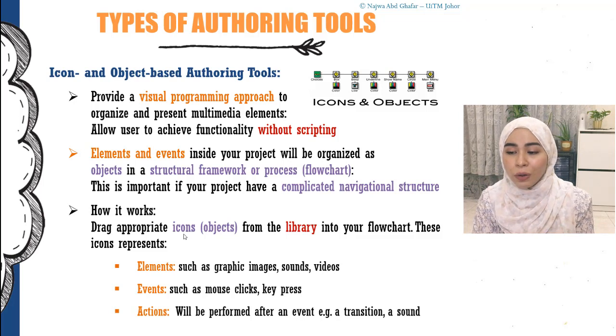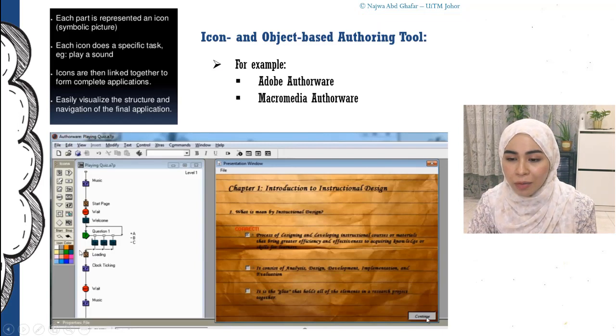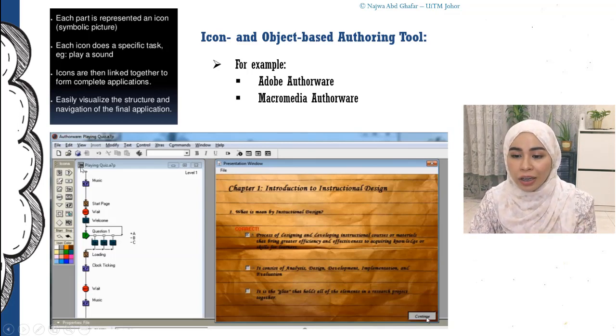You can also perform these actions just by dragging and dropping icons. You can provide some sort of programming script here, maybe loading or a clock ticking. Instead of writing or coding your own action, you can just drag and drop these from the library.